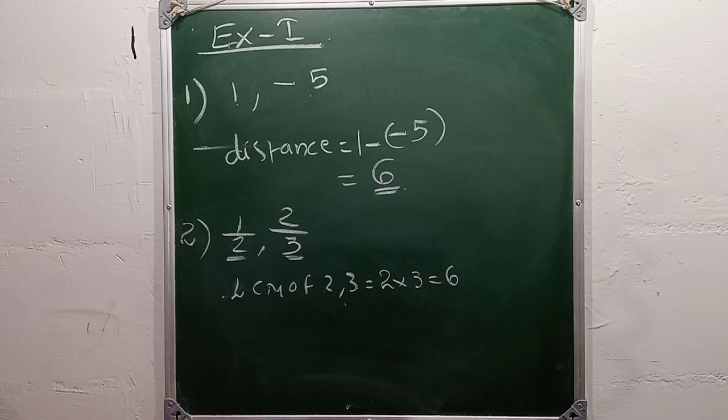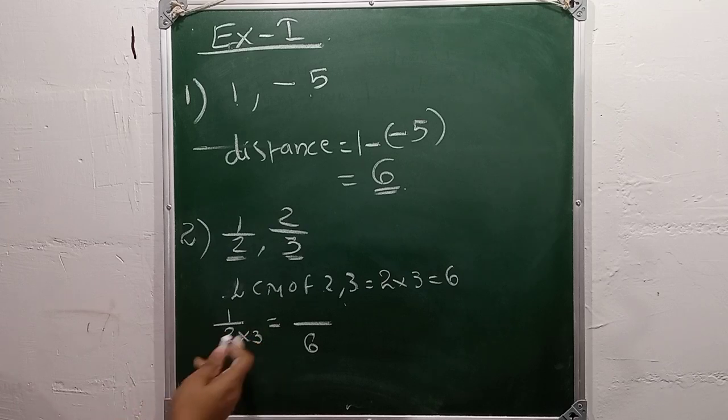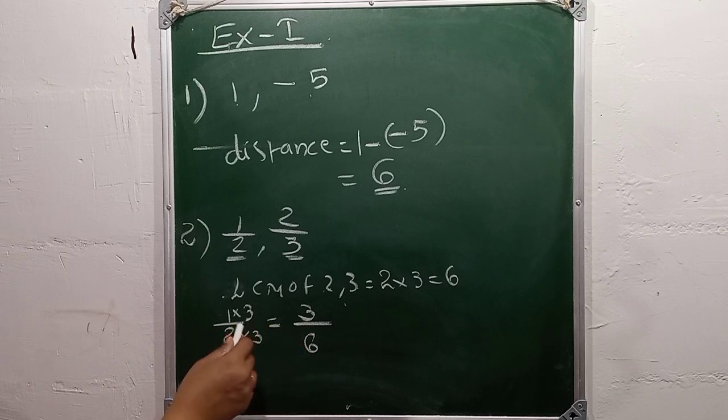Now we are going to find out equal fractions of 1 by 2 and 2 by 3 with the denominator 6. First I am going to find an equal fraction of 1 by 2 with the denominator 6. We know that 2 into 3 is 6. Then multiply the numerator by the same 3, we get 3 by 6. So 3 by 6 is an equal fraction of 1 by 2.